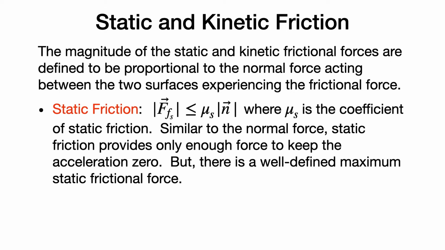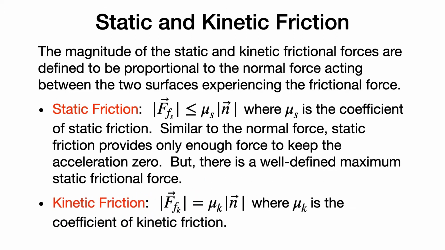So we could have a very small amount of force up to this maximum amount of force, which is mu sub s times N. The kinetic frictional force is governed by the equation that the magnitude of the kinetic friction is equal to the coefficient of kinetic friction times the normal force. And basically, by the very definition of what you mean by static and kinetic, the coefficient of static friction must be greater than or equal to the coefficient of kinetic friction.